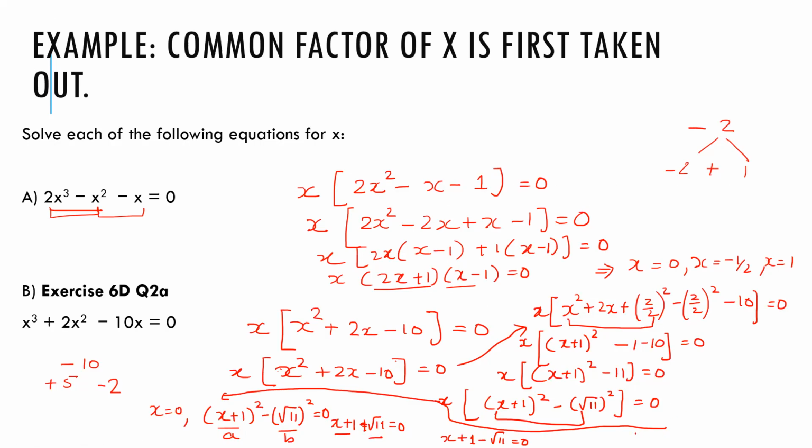And that will give you x equals negative 1 plus or minus root 11. So you will have two solutions, negative 1 plus root 11 and negative 1 minus root 11, and then you have x equals 0.